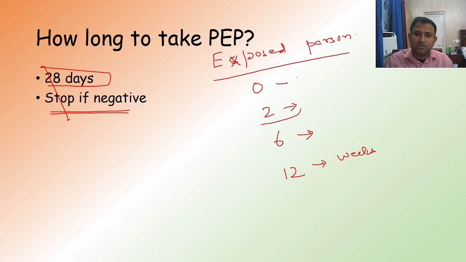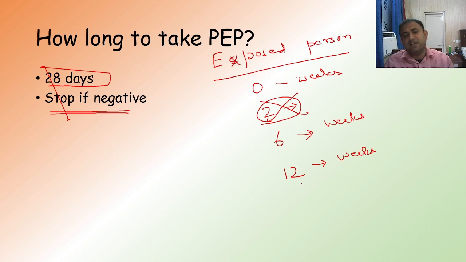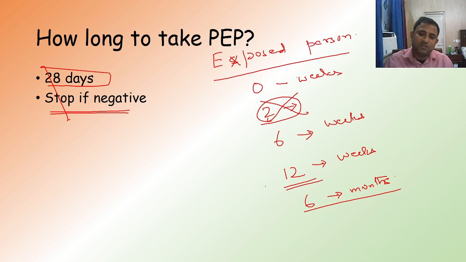In the majority, this 2 weeks is omitted. Based on institutional protocol, extended testing may also be done at 6 months. If the person has already tested negative in the initial 12 weeks, it is very fair to assume that the person has no or negligible chance of catching the infection.